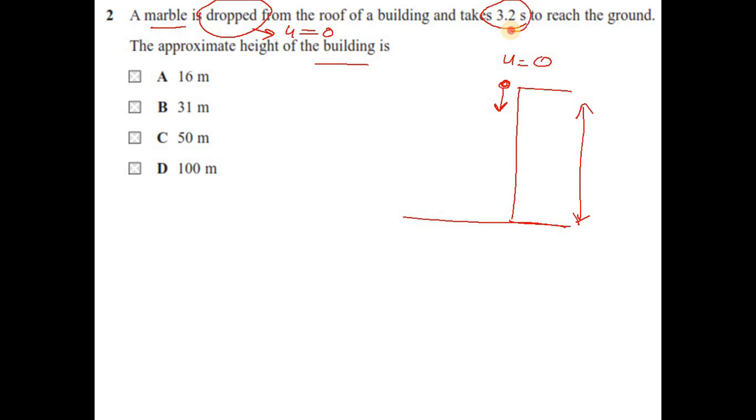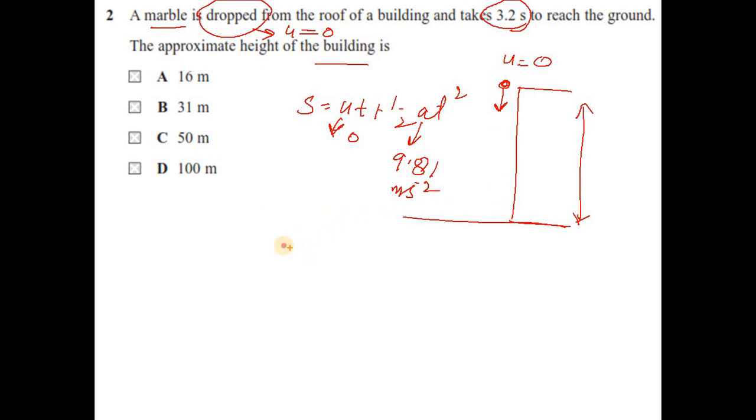Time taken by the marble is 3.2. So it's a vertical motion and accelerated motion. So you use s = ut + half at squared, and u is 0, and acceleration would be taken as 9.81 meter second to the minus 2 because the marble is coming down.